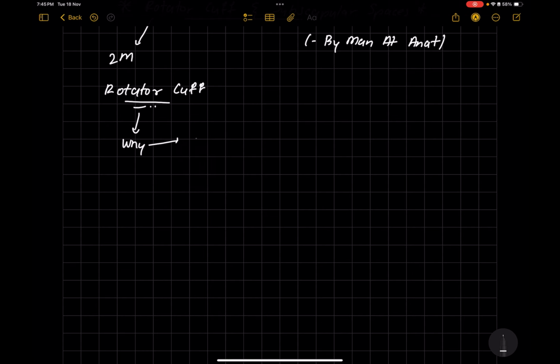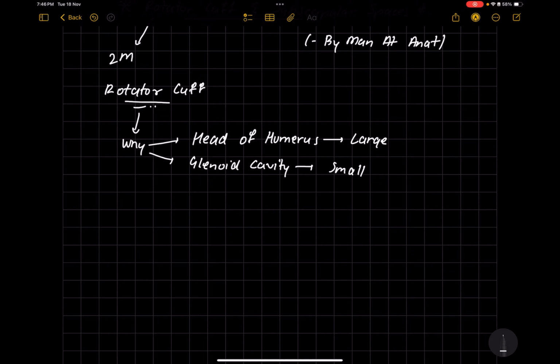The head of humerus and the glenoid cavity make the shoulder joint. But the head of humerus is large compared to the area given by the glenoid cavity, which is small. So as to stabilize our shoulder joint, nature has given us the rotator cuff.